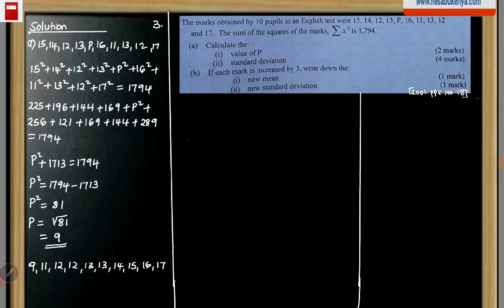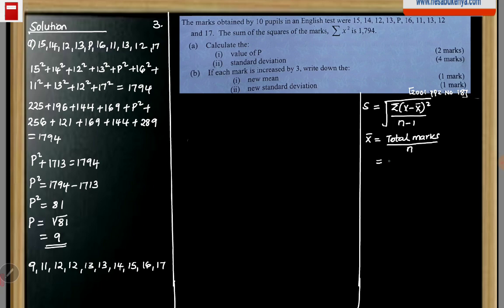Now, this is ungrouped data. So, for ungrouped data, the standard deviation S is given by the square root of the summation of x minus mean squared over n minus 1. So for us to be able to get the standard deviation, we need to get the mean. Now, mean is given by total marks over the number, which is n.